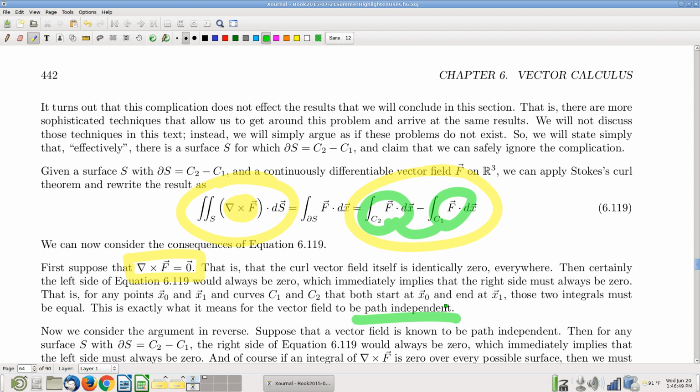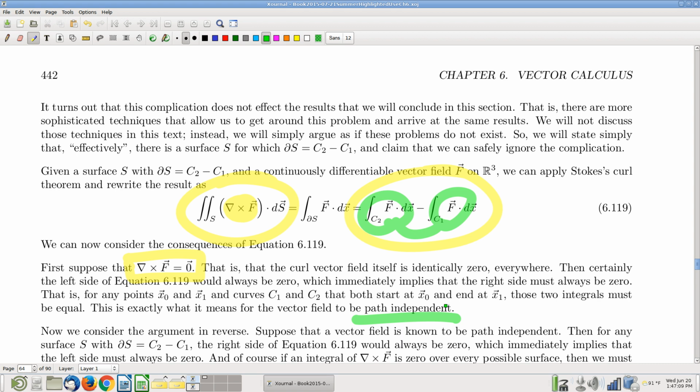And the argument turns around backwards, too. Suppose you have a vector field that's path independent. Well, draw a picture like the one we have above. Those two line integrals will always be the same. That means the difference will be 0. That means this flux will be 0.